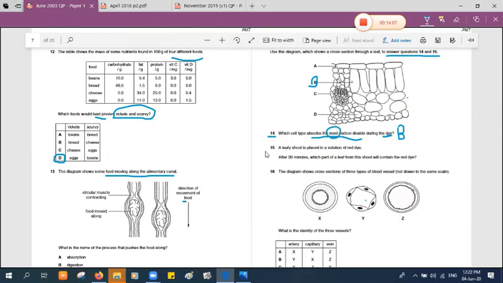Okay. 15 here, a leafy shoot is placed in a solution of a red dye for 30 minutes. Which part of a leaf from this shoot will contain the red dye? Okay, what do you think? Do you remember when we put a dye in water and let the water pass from the root until it reaches the leaves?